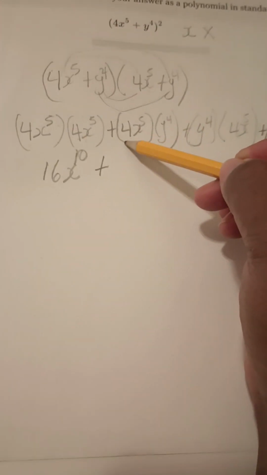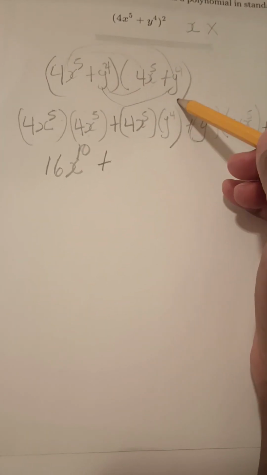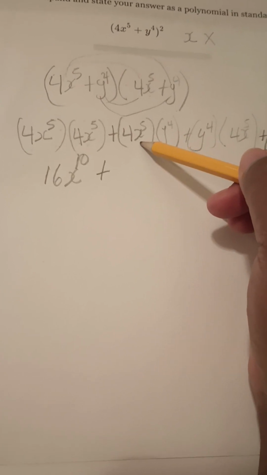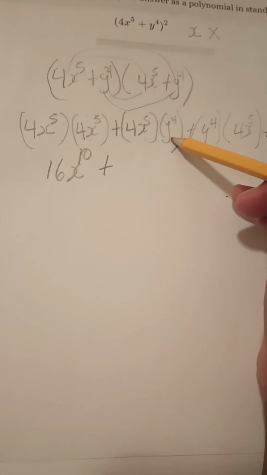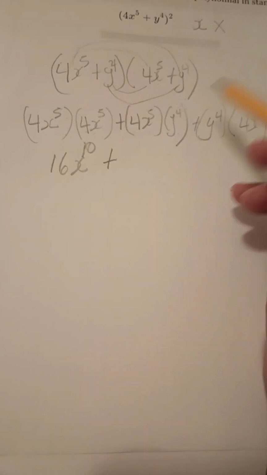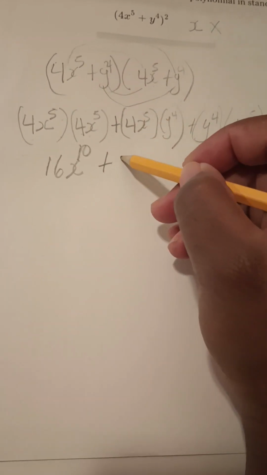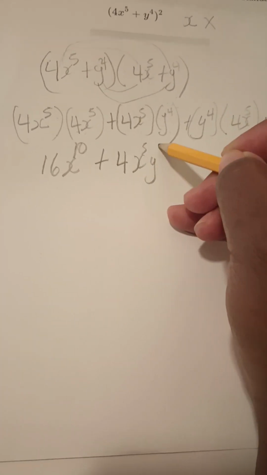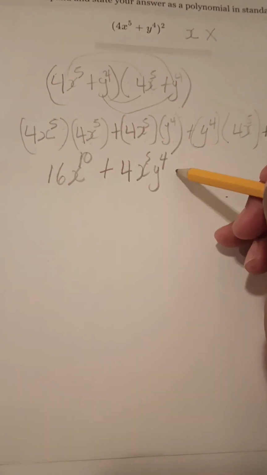Plus, we have 4x^5 times y^4. So it's just like you're saying 1y. They are two different variables, so you cannot add the exponents. So 4 times 1 is 4, x^5 y^4.